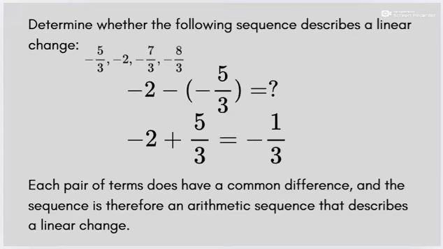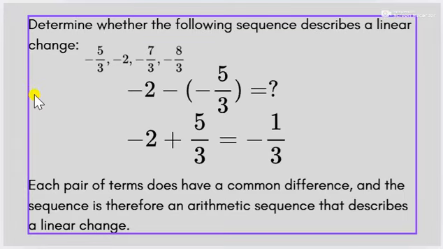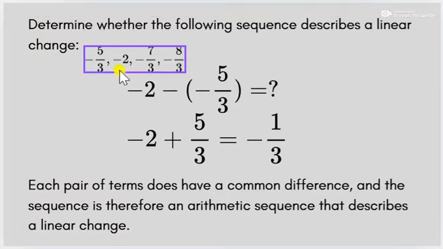Okay, determine whether the following sequence describes a linear change. We have negative 5/3, negative 2, negative 7/3, and negative 8/3. I hate fractions. So it says negative 2 minus negative 5/3 is equal to something. When you have a negative subtracted, it becomes add. So negative 2 plus 5/3 is equal to negative 1/3.